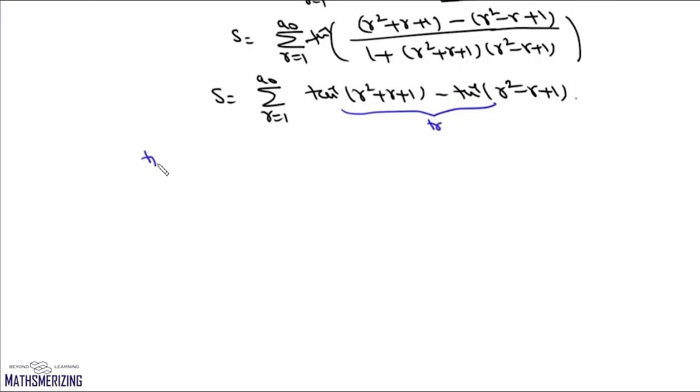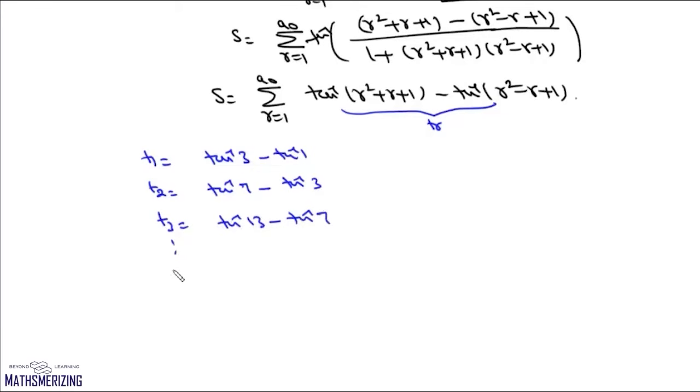Now we'll write t1 and t1 will be tan inverse 3 minus tan inverse 1. t2 will be tan inverse 7 minus tan inverse 3. t3 will be tan inverse 13 minus tan inverse 7, and it'll continue up to t90, which is tan inverse 90 square plus 90 plus 1 minus tan inverse 90 square minus 90 plus 1.